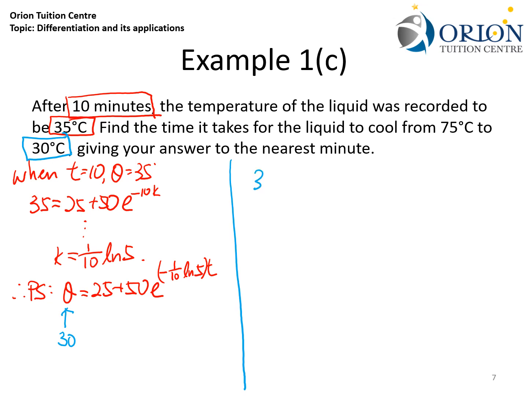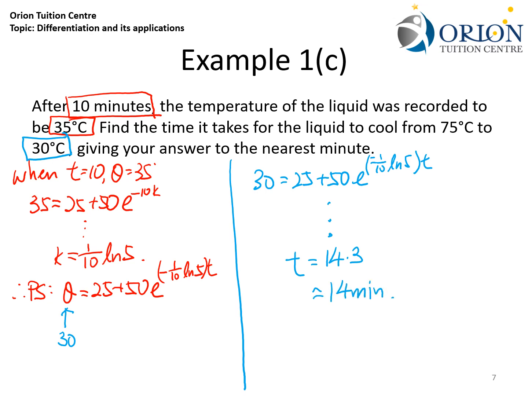So we have 30 = 25 + 50e^(-(1/10) ln 5 × t). If we solve this equation, we end up with t = 14.3, or roughly 14 minutes. So we know that the cup of hot liquid needs about 14 minutes to cool down from 75 degrees to 30 degrees Celsius.